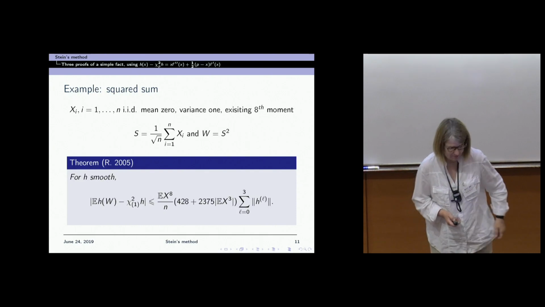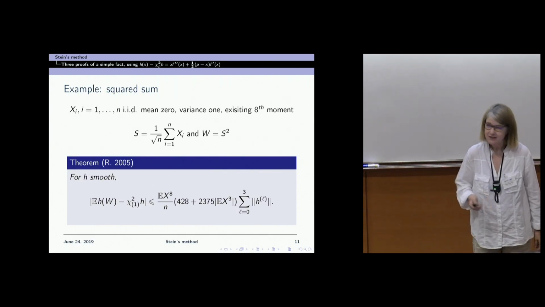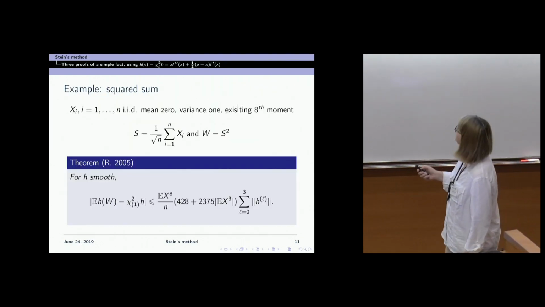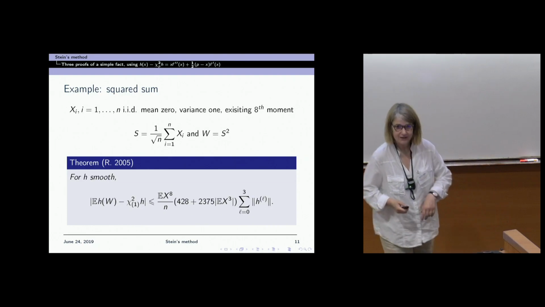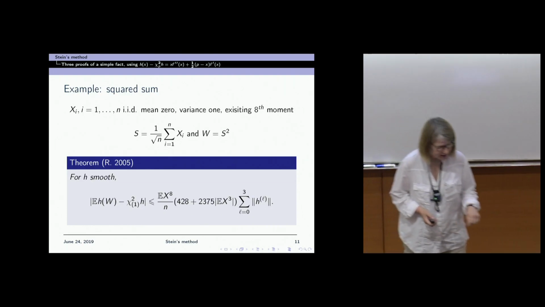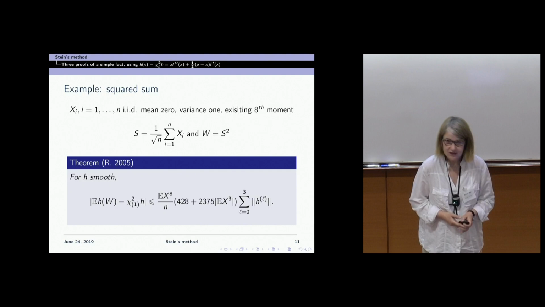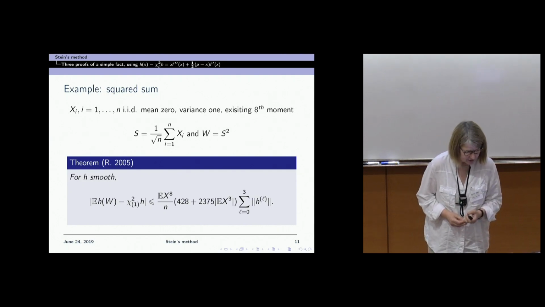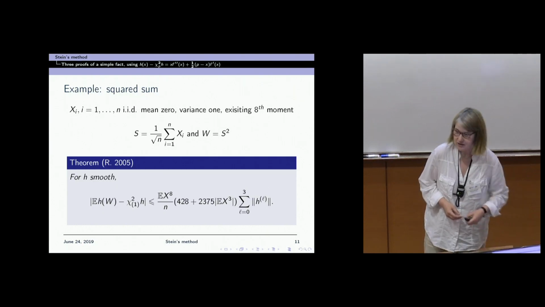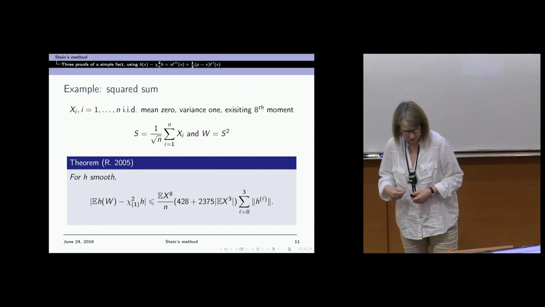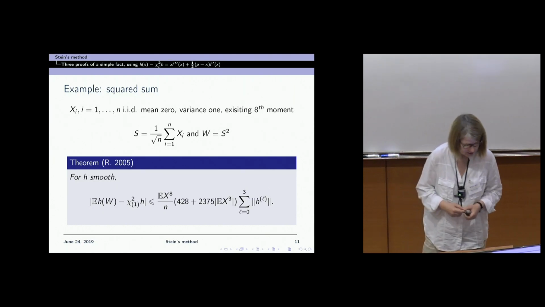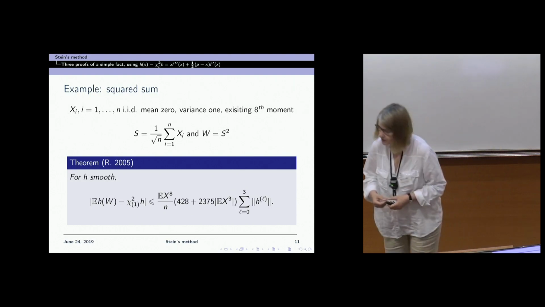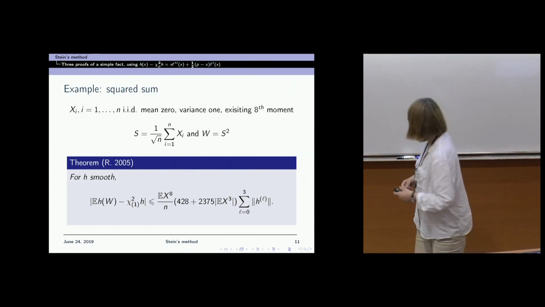And indeed, some time ago, I proved this bound. It's a 1 on n bound, so order 1 on n. We have the 8th moment of x, and we multiply by 428 plus 2,375 expectation of x cubed, times the sum of the derivatives of the test function h.